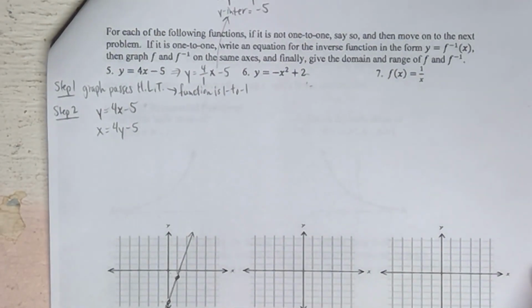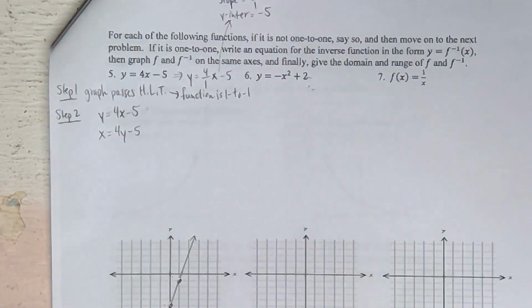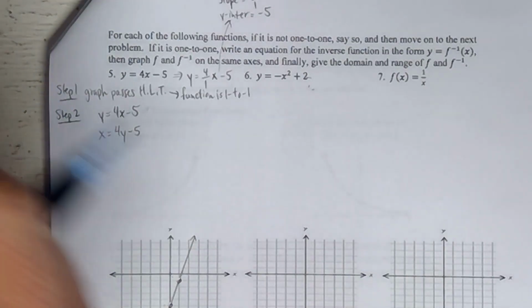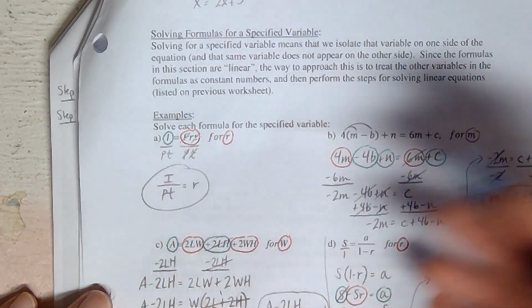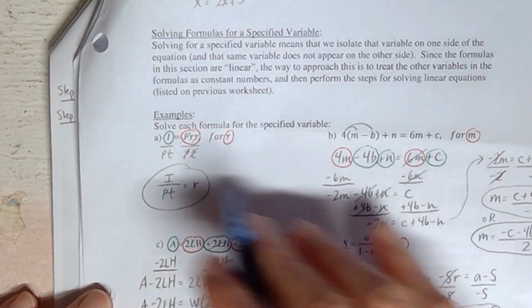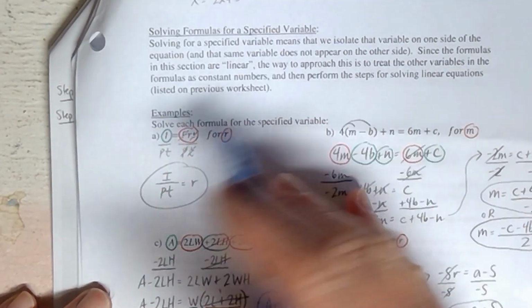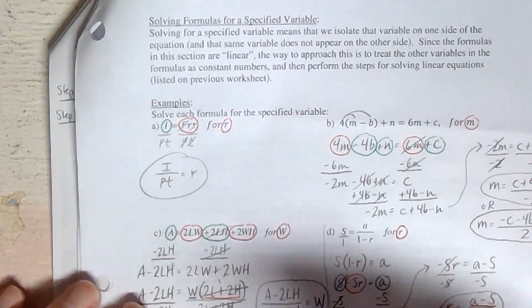All right, once you do that now, as we learned back when we reviewed in the prerequisite review packet, the very last worksheet of that packet, we learned that if you've got more than one letter in a problem and you need to solve for one of those letters, we talked about how to do that.